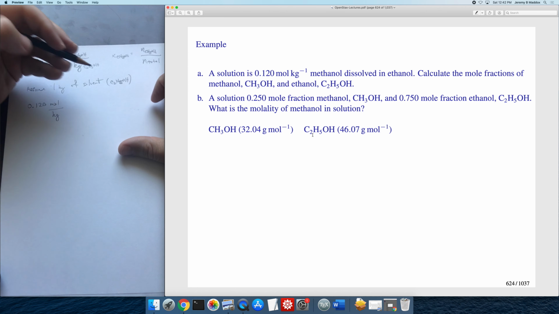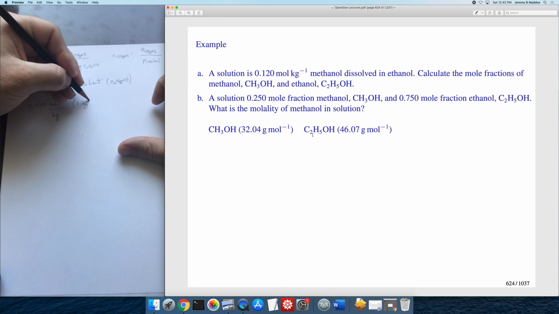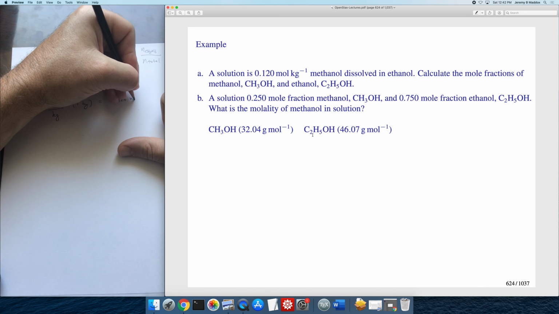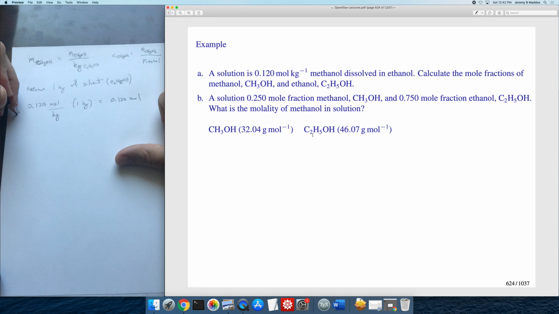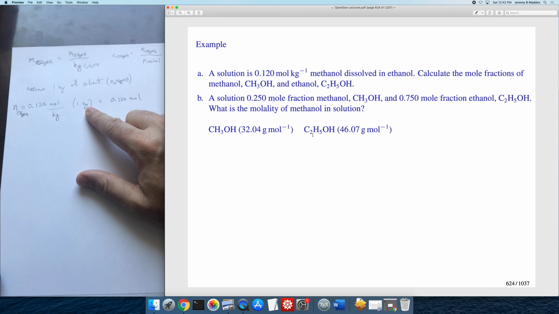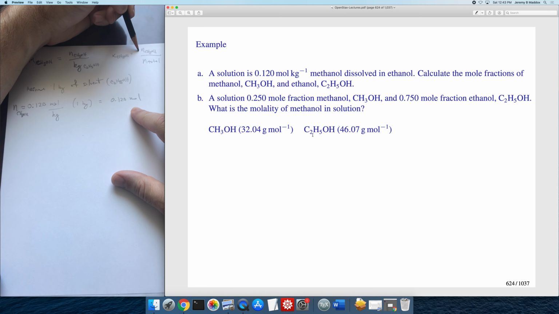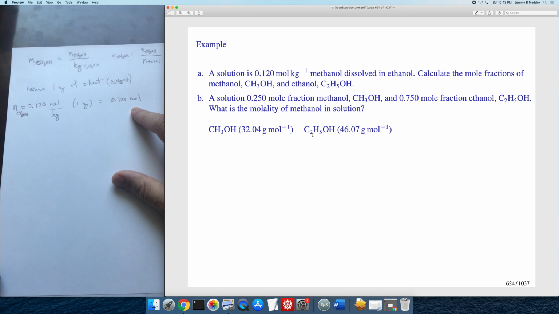Well, we've got 1 kilogram. That means we've got 0.120 moles. So this was a very convenient thing for us to do. Assume 1 kilogram, and then the molality that you're given is numerically equal to the number of moles of methanol.